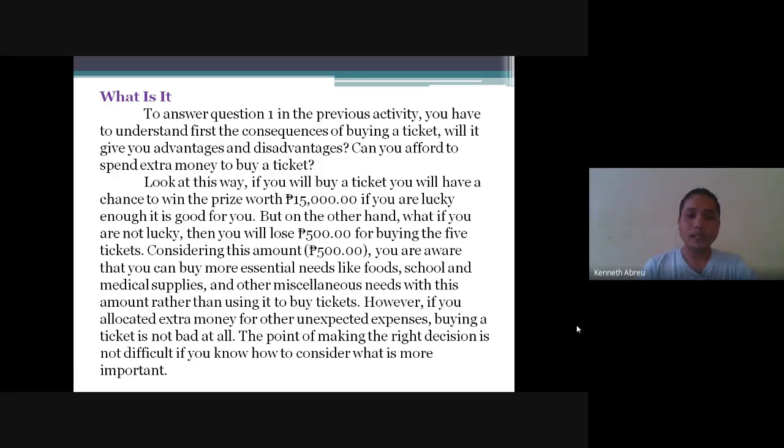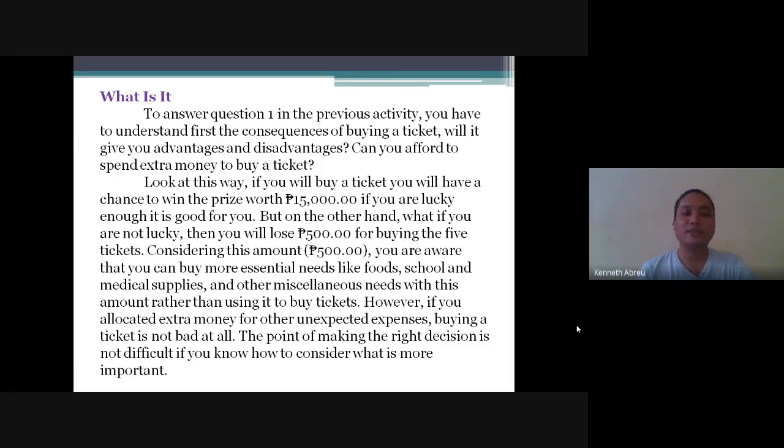Okay? Sana may natutunan doon sa statement na ating ibinigay ngayong araw na to. It is not bad to spend money for the tickets if you have unexpected expenses, or meron kang right amount of money na na-save para maipambili ng ticket.